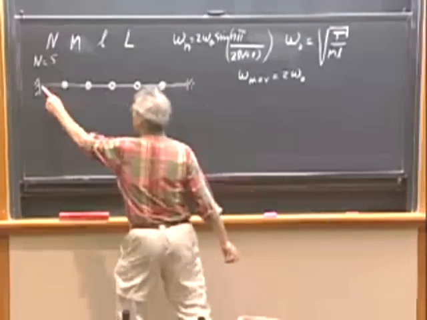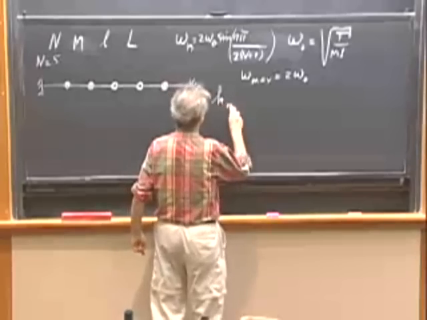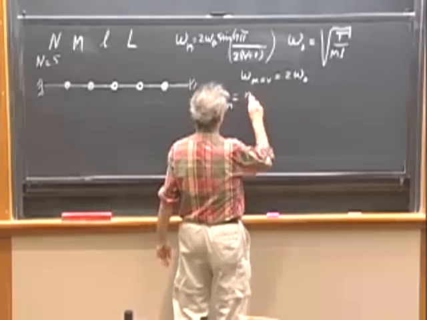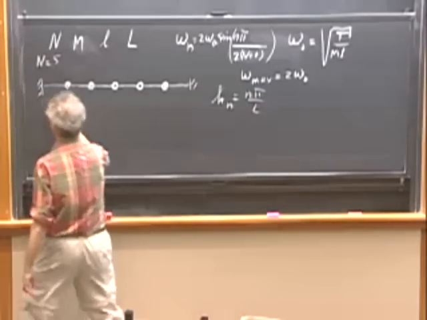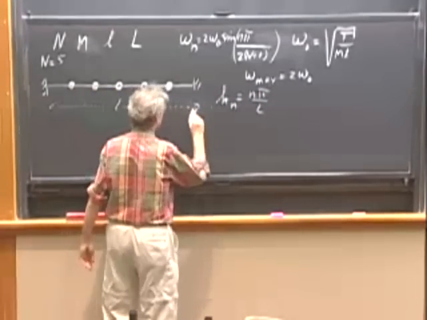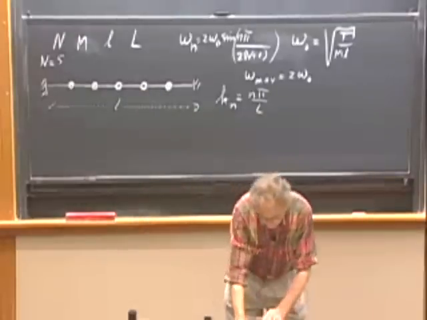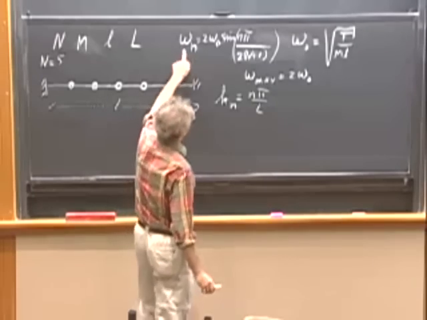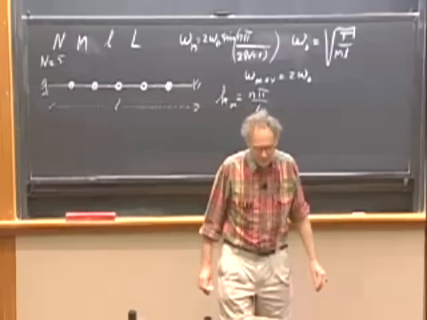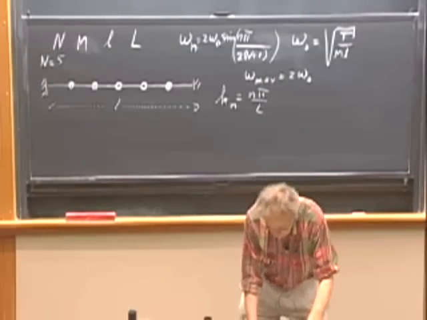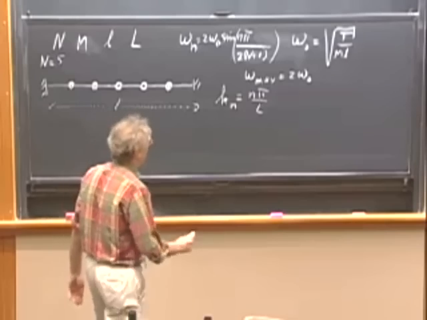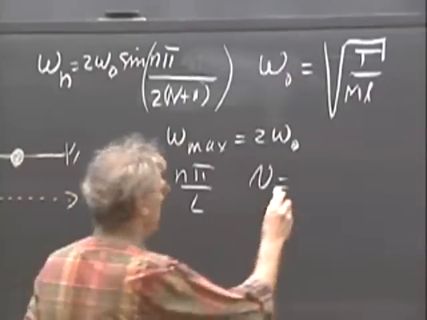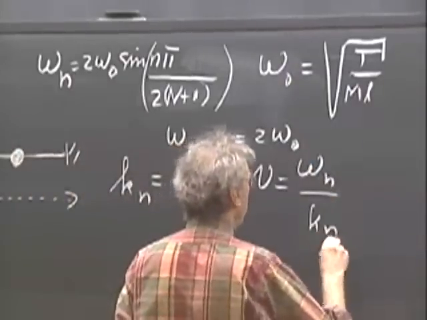The boundary conditions, that it is fixed here and that it is fixed there, demand that there are certain values of k n which are allowed, which is n pi divided by L, if the length here is L. Now, omega n, as you see here, does not increase linearly with little n, because it increases with the sine of n. But the speed of propagation, v, is of course the ratio of omega divided by k, so that is omega n divided by k n.